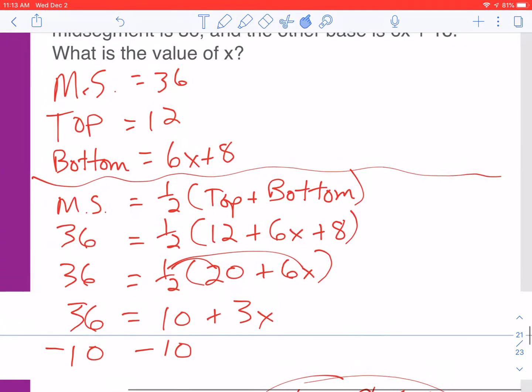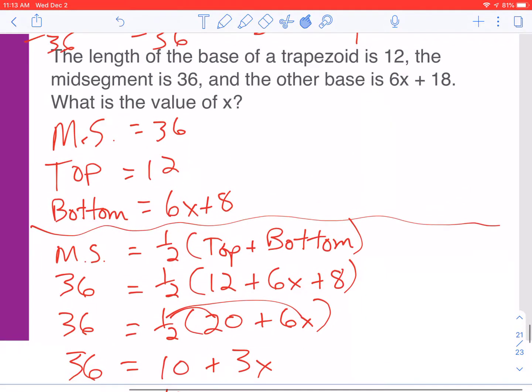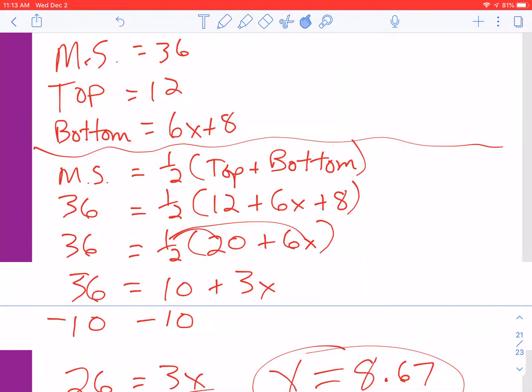So if you got a decimal, I did the problem completely wrong. I got to go back to, this is an 18. So this is 30.